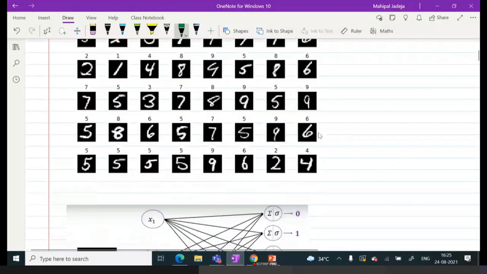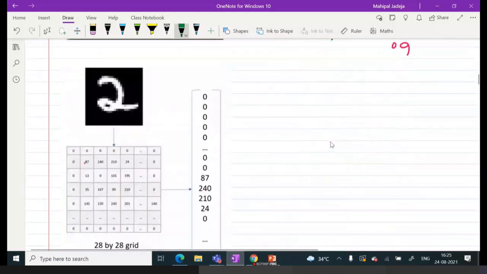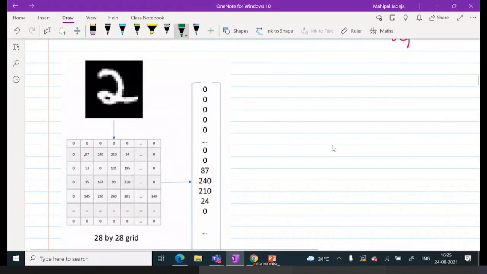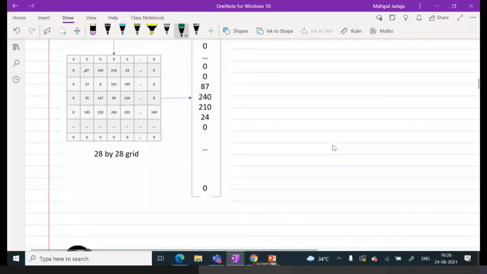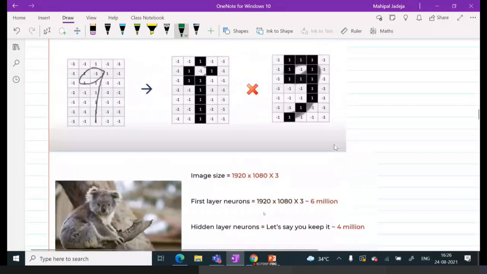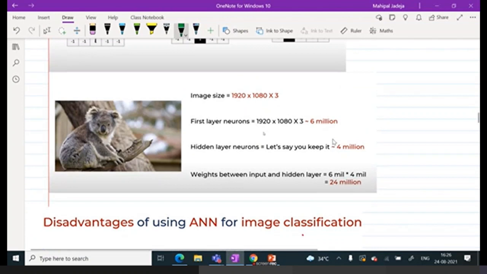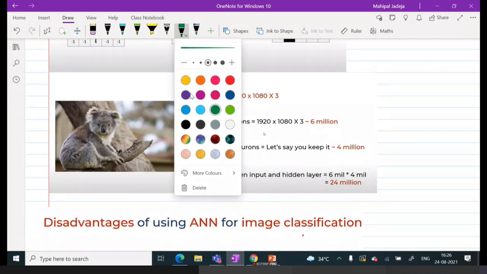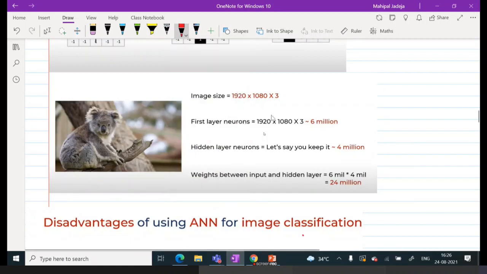Now let's think about which problems will occur if we follow the same methodology for colorful images also. For example, let me consider this image of a koala. Let's say we only know how to solve this with artificial neural networks. Then what is the problem?